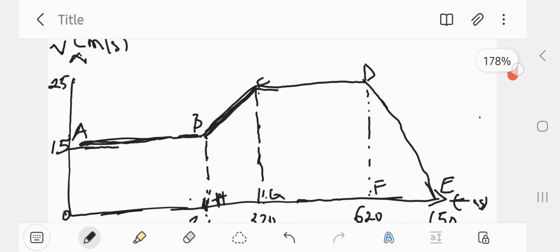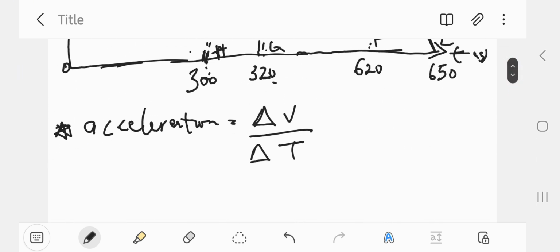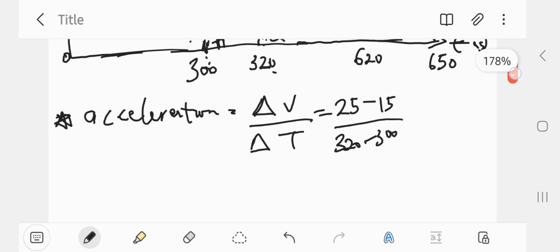So with that in mind, we just come here. What is the change in velocity? Change in velocity is just the final velocity, which is what it attained, which is 25, minus the initial, which is 15, all over the change in time, which is actually 320 minus 300.